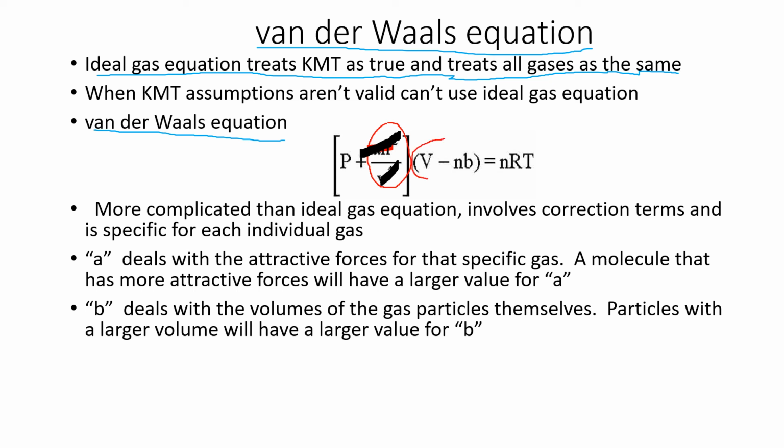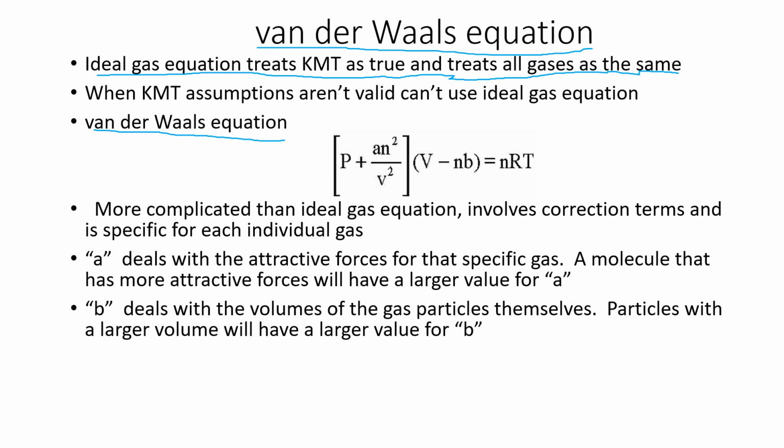Likewise, this other correction term, V minus nB, if the volume is very, very large, then subtracting something very, very small from it isn't going to change the value any. You would be back at not having to worry about it, and you'd be back at the ideal gas equation. That's why that large volume is so important. That large volume gets you back from the van der Waals equation to that much easier to use ideal gas equation.